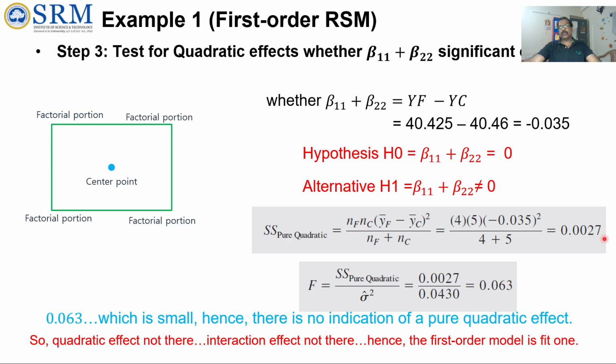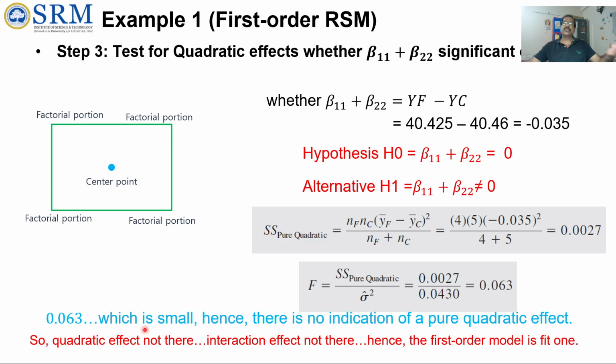With this we calculate the f value for the test for quadratic: the sums of squares of pure quadratic divided by the mean square error value 0.0430 calculated from the previous step, which gives 0.063.